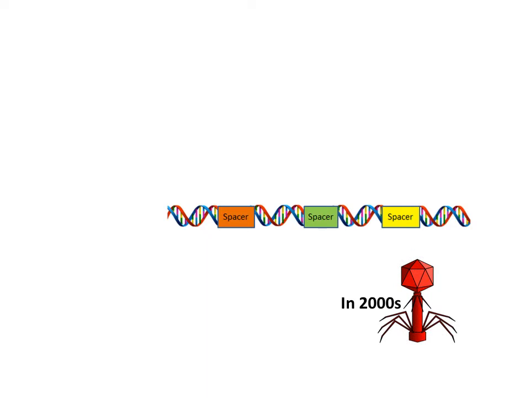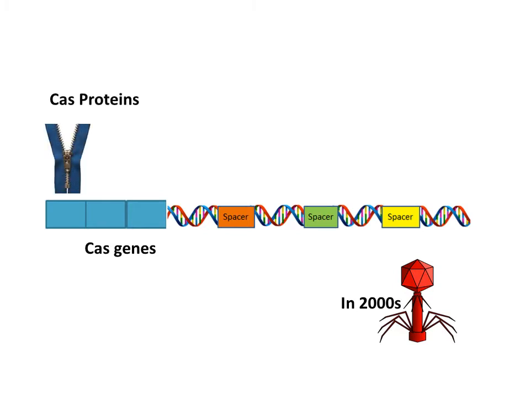They also identified a number of genes associated with CRISPR. So these are the CRISPR associated, or the Cas genes. These Cas genes make Cas proteins, which include helicases that unwind the DNA and nucleases which cut the DNA.